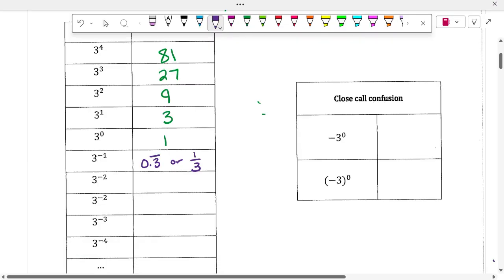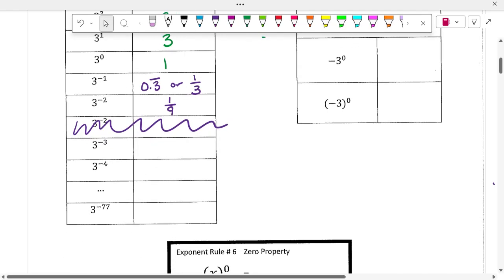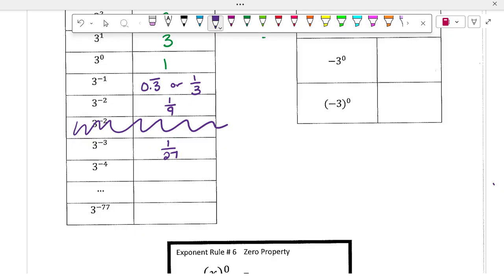So I more care about the fractions. So what do you think? And this one repeats, so I'm just going to cross it out. What do you think 3 to the negative 3 is going to be? 1/27. This will be 1/81.